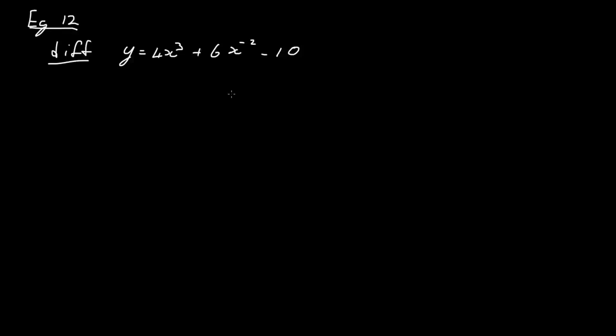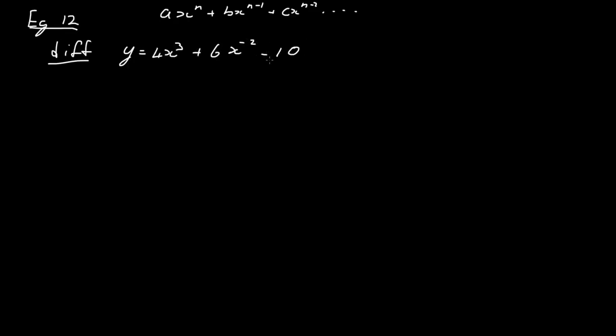The first thing I want you to see is that this is in a polynomial form. Why? The form of a polynomial is ax to the n plus bx to the n minus 1 plus cx to the n minus 2, etc. So here we've got ax to the 3. This is constant x to the minus 2.